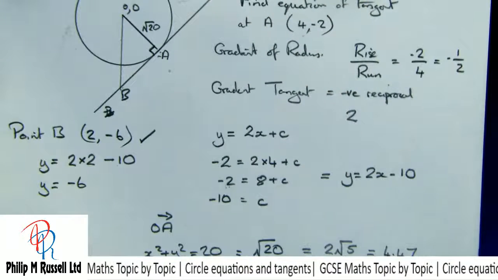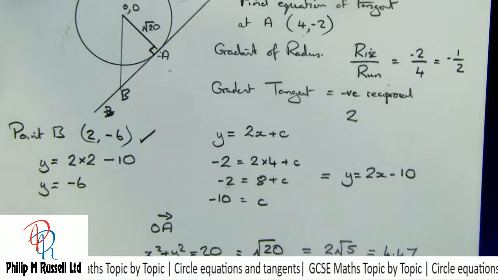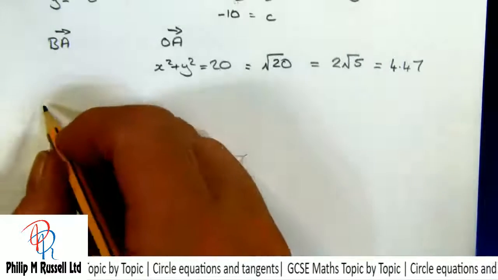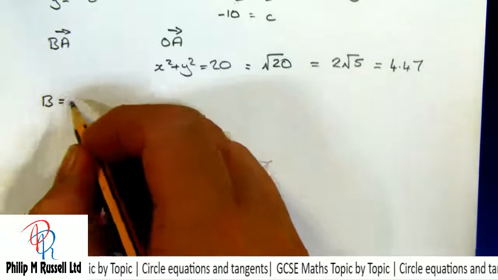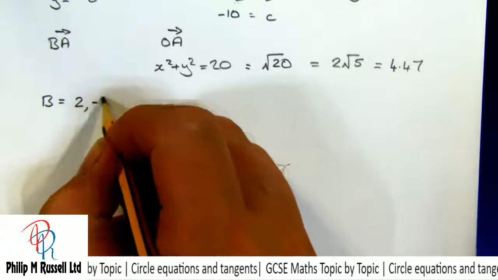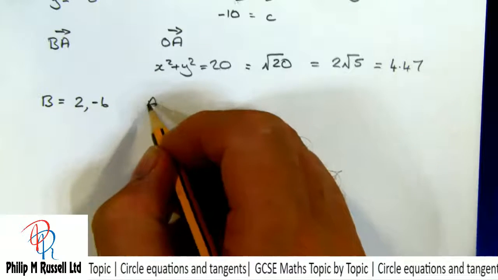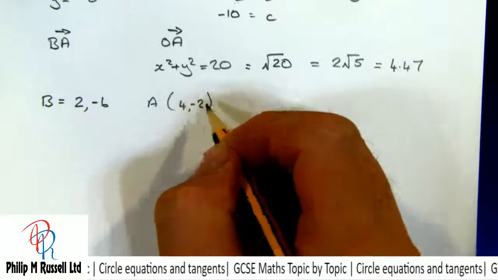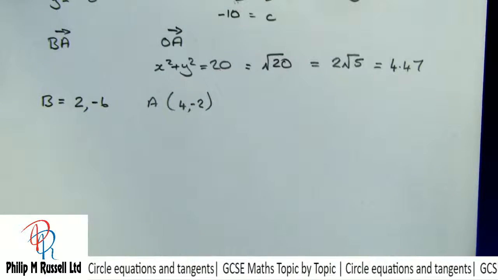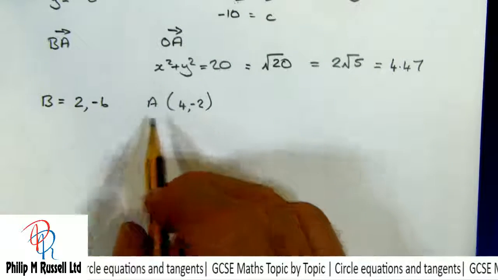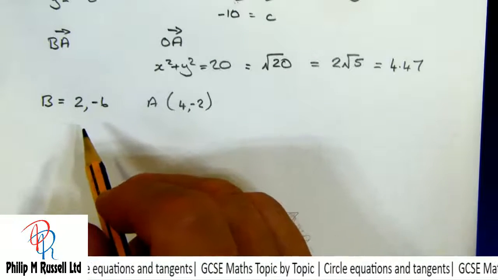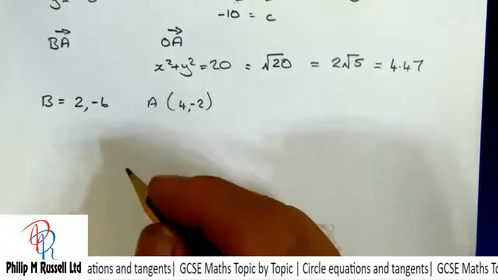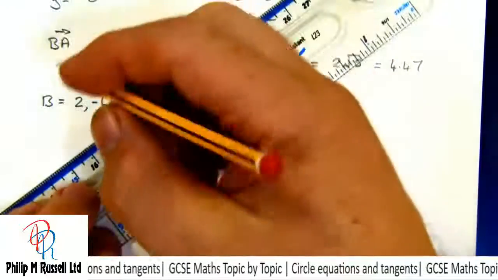Let's work out now from B to A. To work out from B to A, I know the point B is 2 and minus 6, and I know my position of A is 4, minus 2. What we're going to need to do is work out a little triangle.